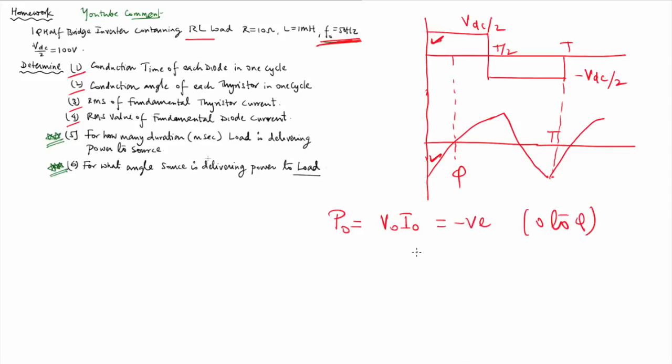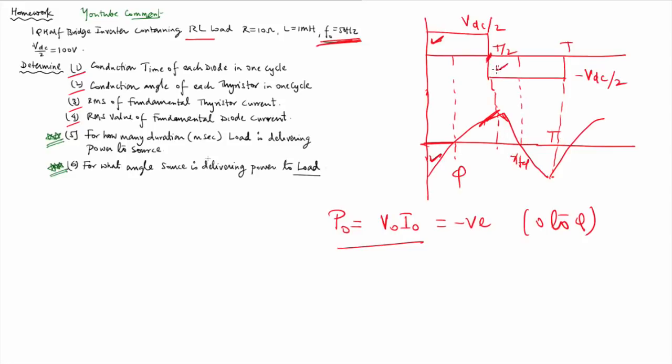That means from 0 to phi, load is delivering power to the source. Are you getting this? In the same way, you will see that from T by 2, or you can say pi, to pi plus phi, this is also the case.